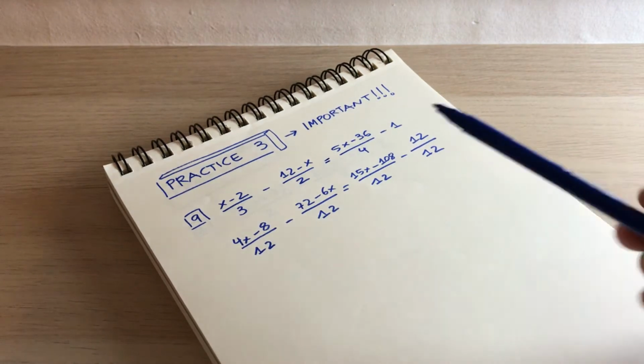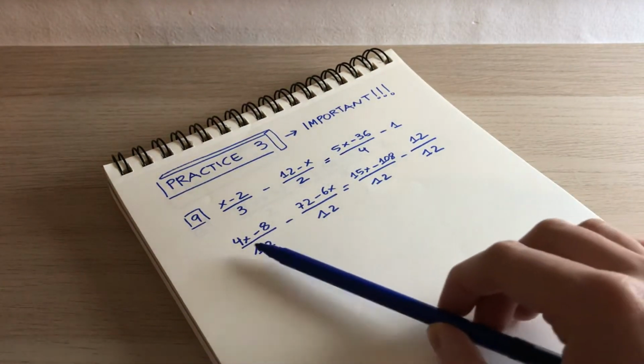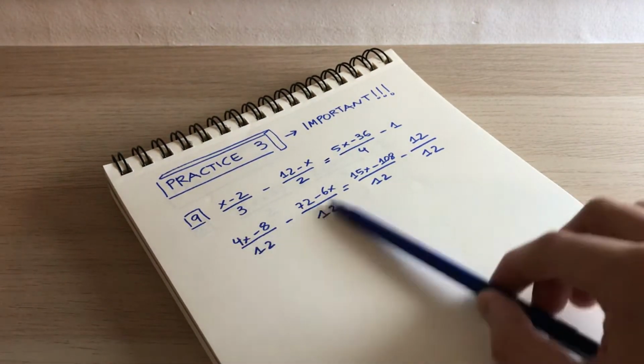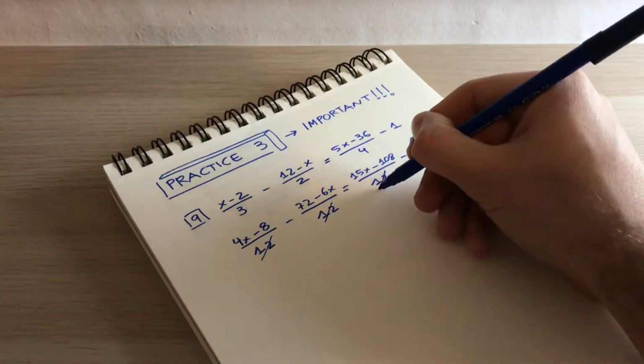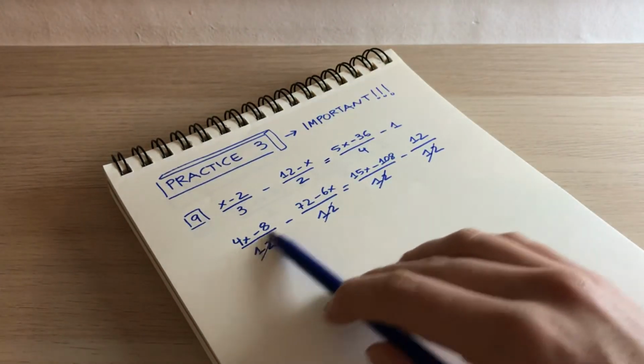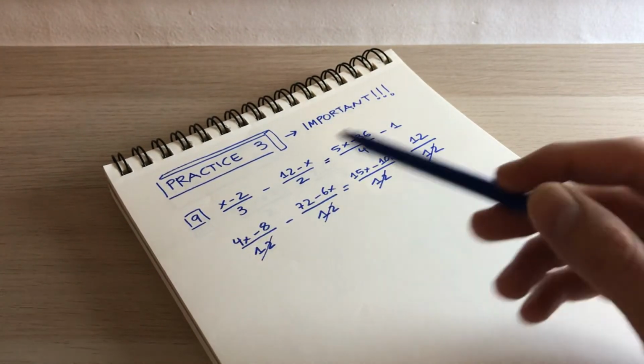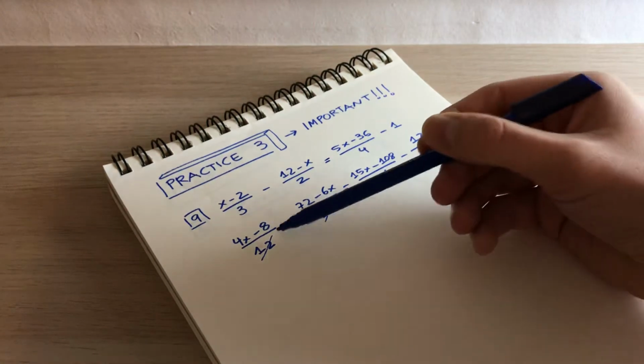Perfect. So now you know the rule: if we have the same denominator on the left and on the right, we can remove them, and this happens just when we have it in all the terms. Then the next step is copying everything.